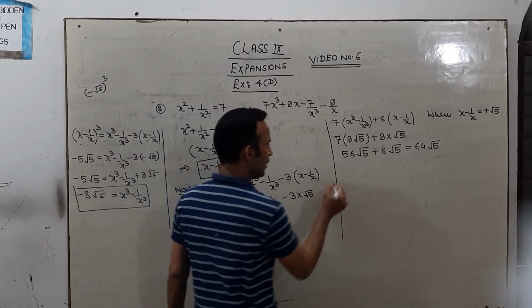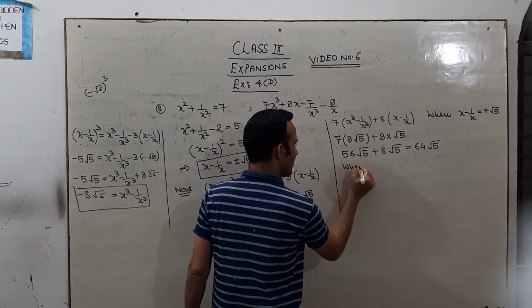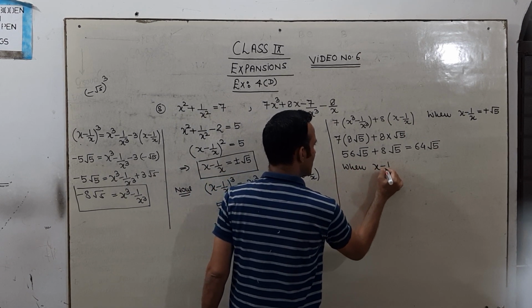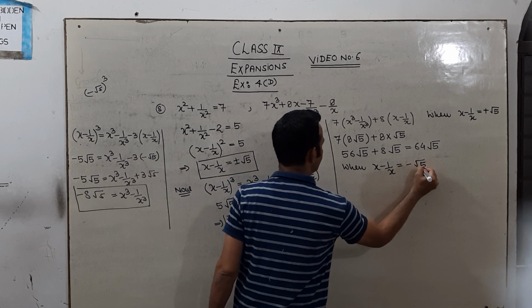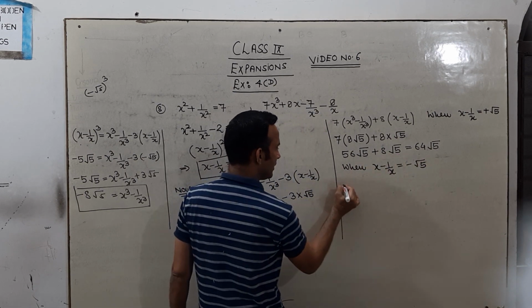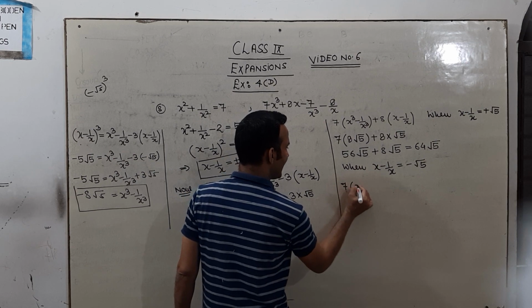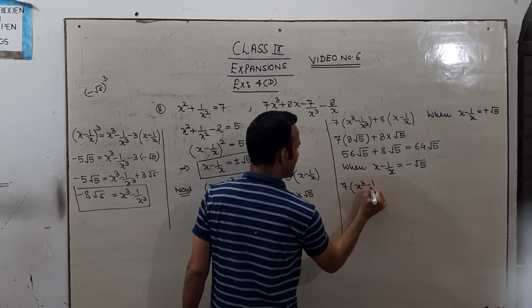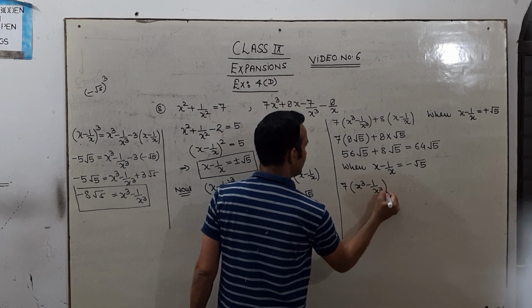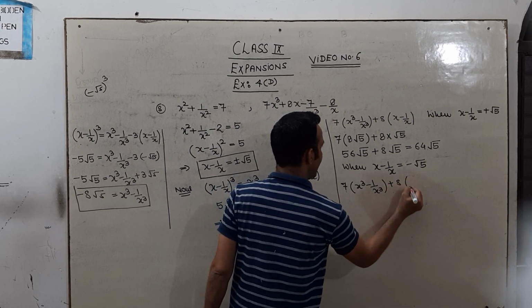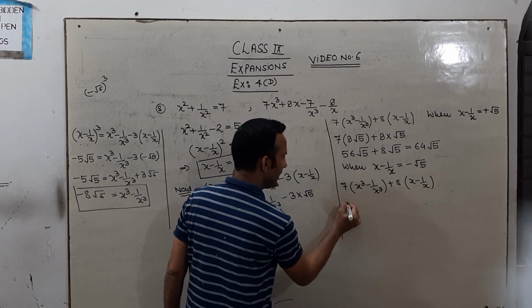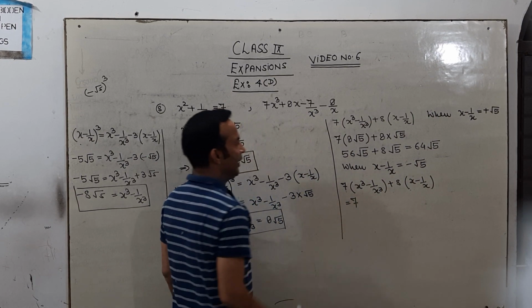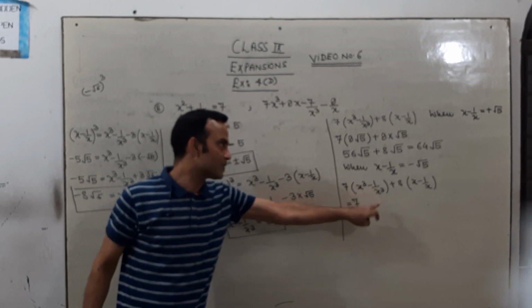Okay? When x minus 1 upon x is equal to negative root 5, then 7 times of x cube minus 1 upon x cube plus 8 times of x minus 1 upon x is what? Is 7 into the value of x cube minus 1 upon x cube.